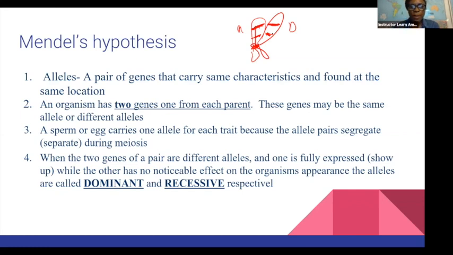When the two genes of a pair are different alleles and one is fully expressed, shows up, while the other is not noticeable, the one that affects the appearance of the organism is referred to as the dominant trait. Whereas the recessive trait is the one that's not seen, the one that's unnoticeable. But the dominant trait will be expressed and be seen.